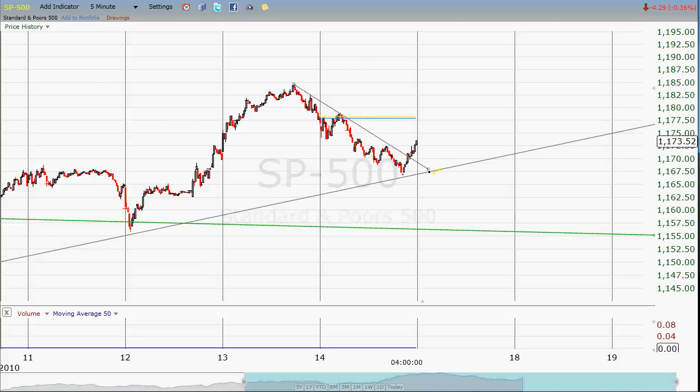If we connect as many tops and bottoms as we can in the S&P, we end up with what is known as a bullish wedge. And that is a descending pattern where prices get more and more constricted.